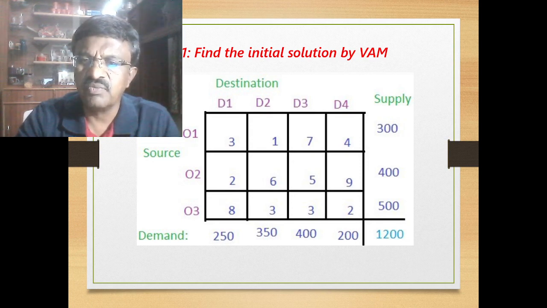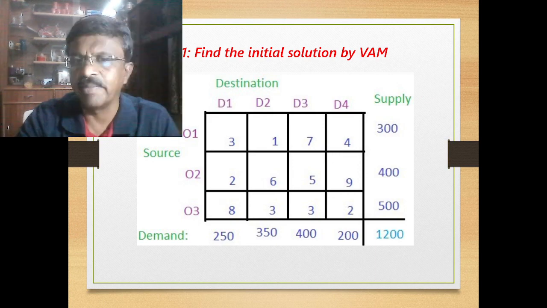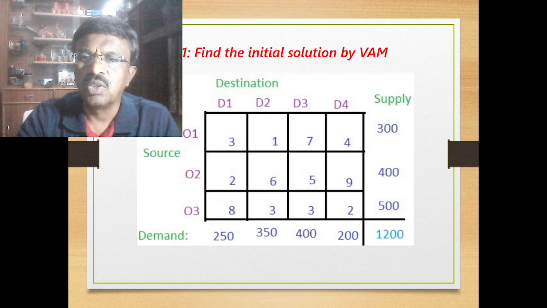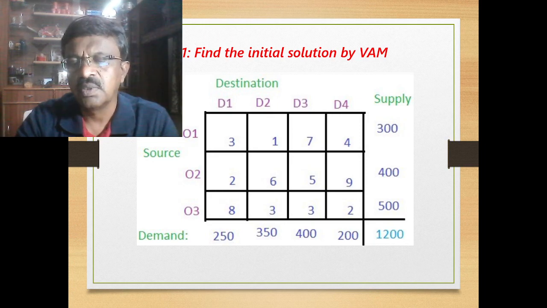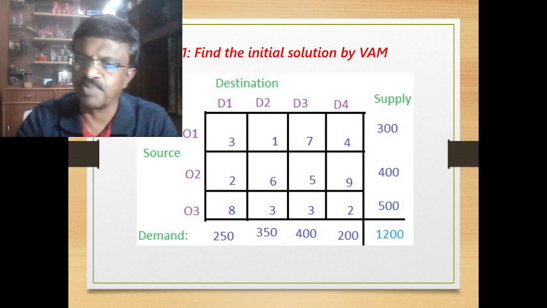First, we need to check whether total supply is equal to total demand. Total supply is 300 plus 400 plus 500, that is 1200. Total demand is also 1200. So the problem is a balanced one. We can attempt Vogel method on this problem.